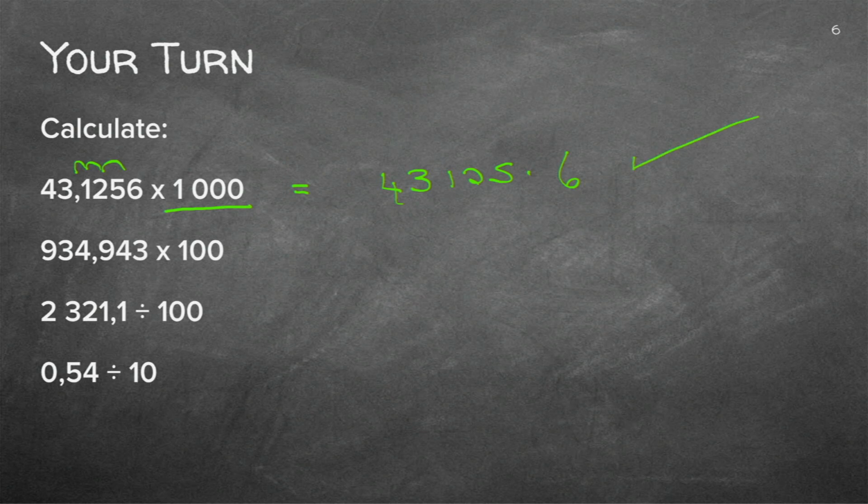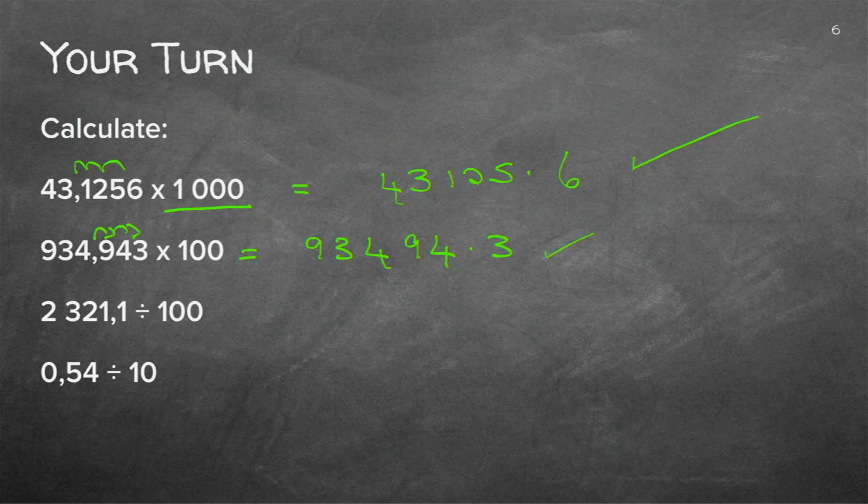If you've got this, congratulations. If you multiply by 100, we move the decimal place 2 positions to the right, so that is going to give us 93494.3. If you've got that correct, well done.